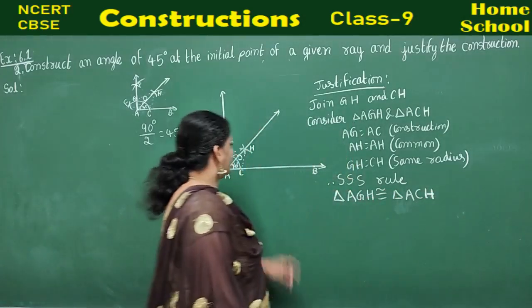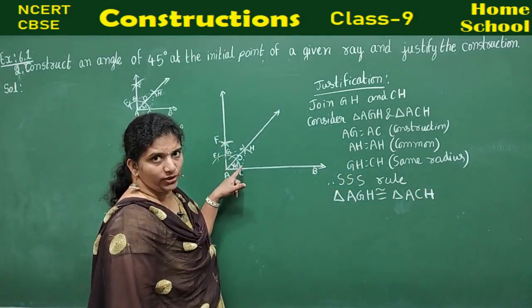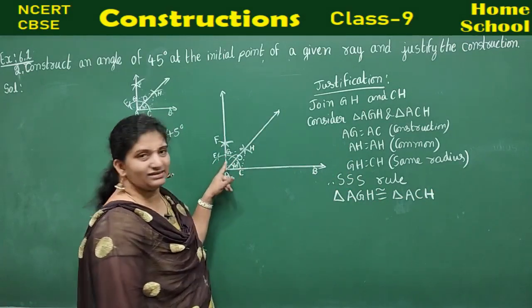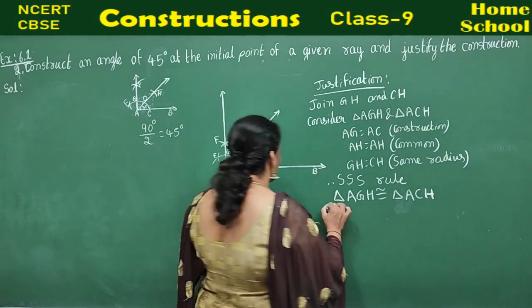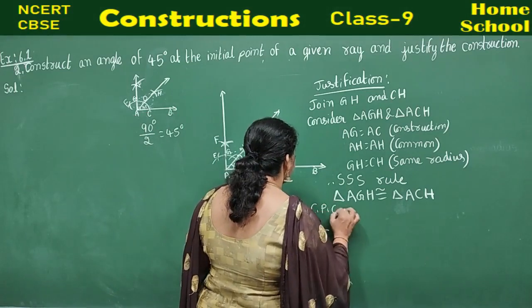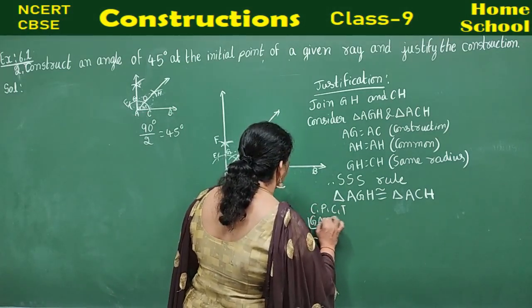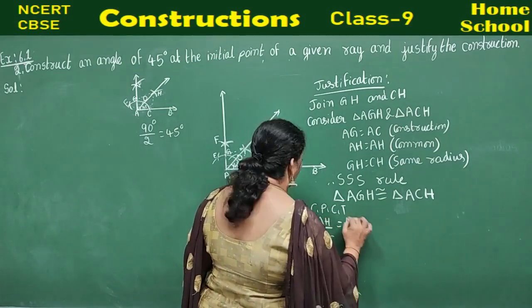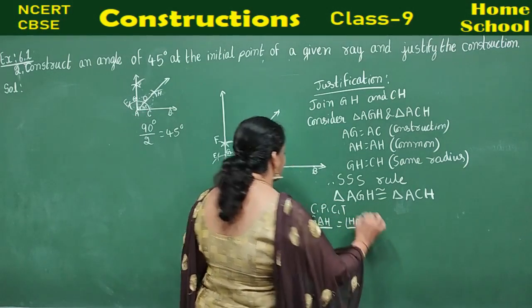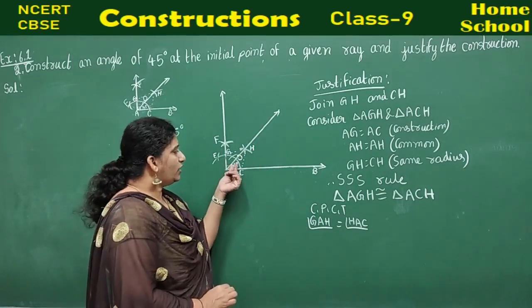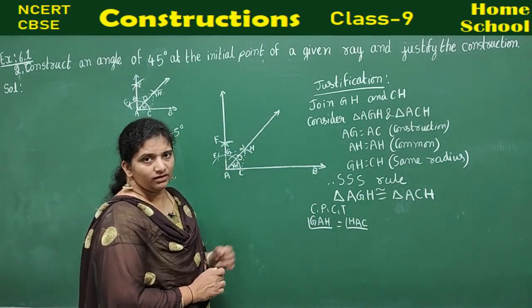If these two triangles are congruent, by CPCT, their angles are equal. Which angles? By CPCT, angle GAH is equal to angle HAC. But I need only this angle, right?